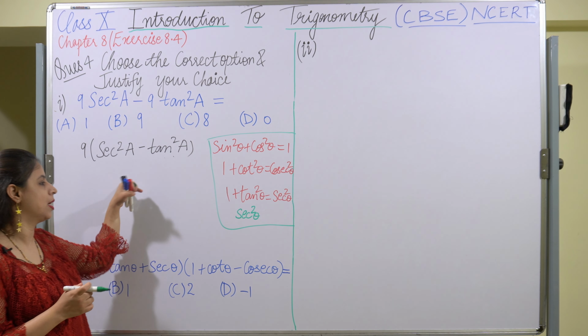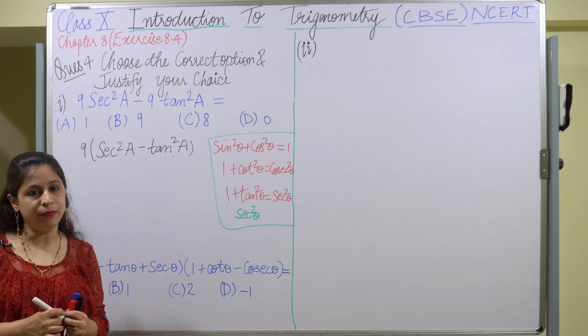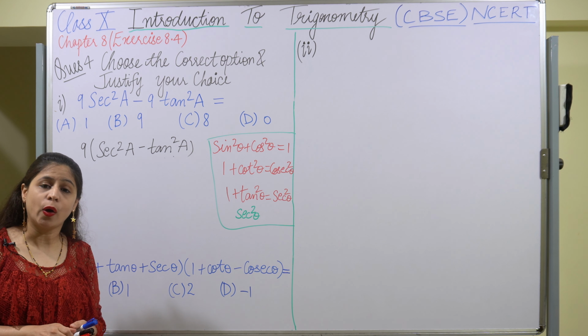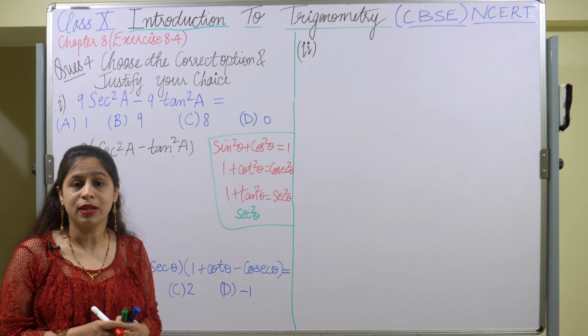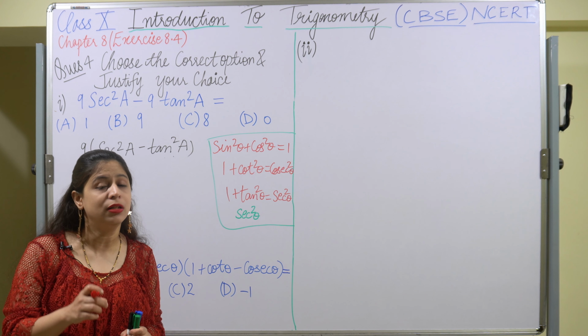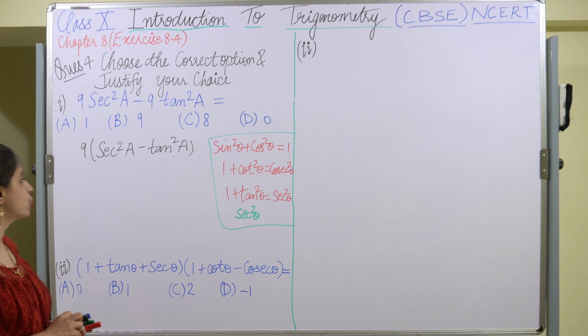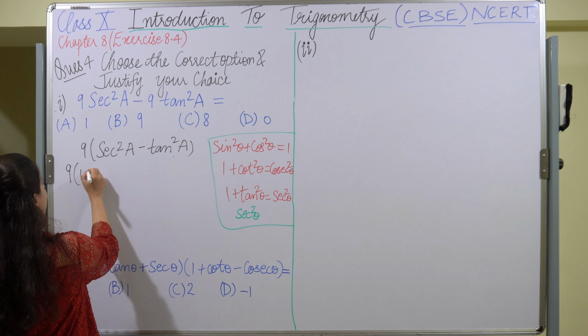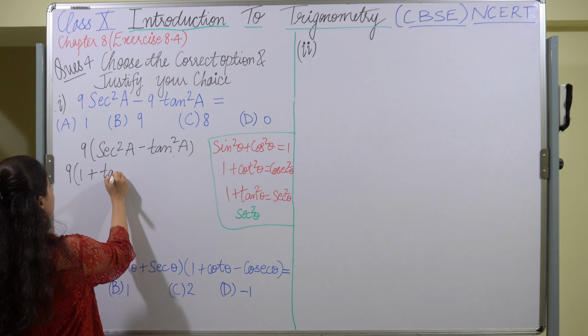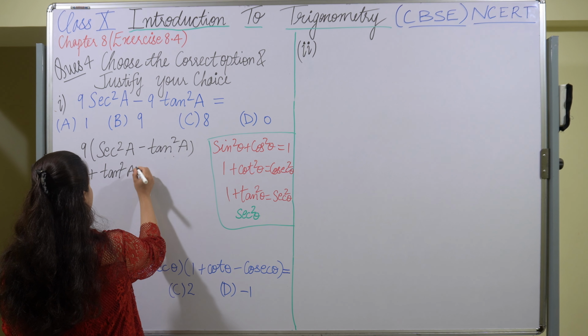Sec square theta can be replaced by 1 plus tan square theta according to the identity. Instead of theta, here we are given a specific angle, that is A. So it will be 9 times 1 plus tan square A.